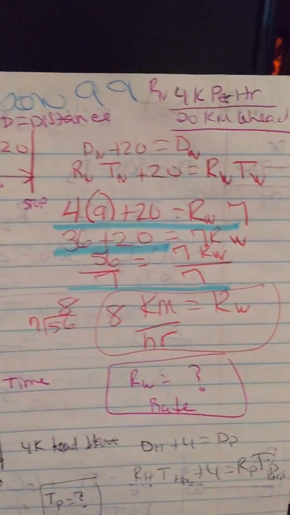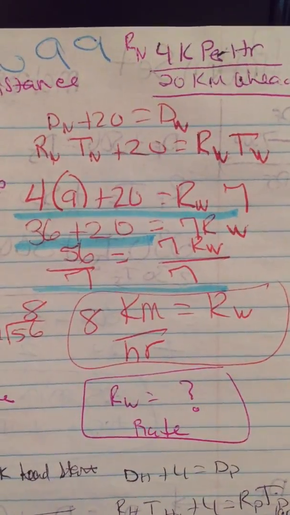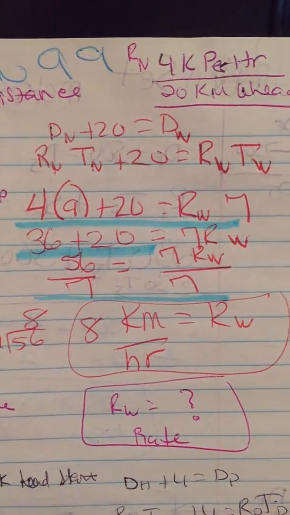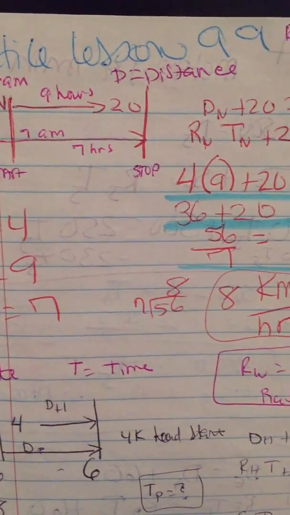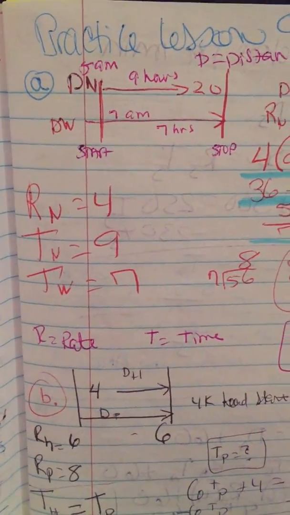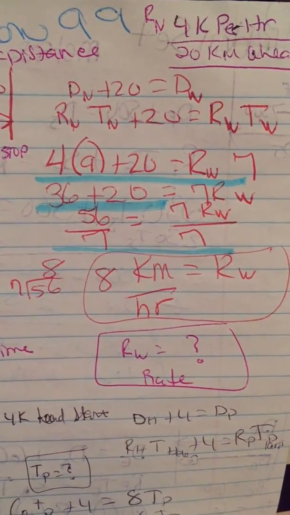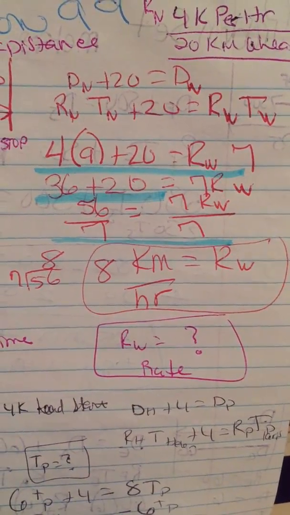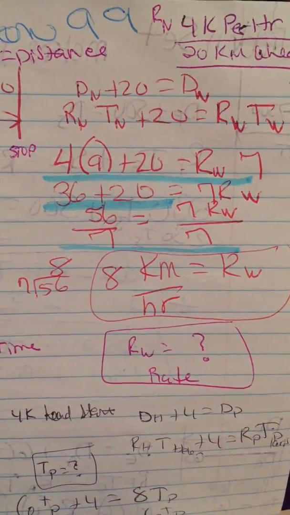Practice lesson 99. r sub n, 4 kilometers per hour, 20 kilometers ahead. Okay, if you read in your book what's going on, this is all going to make a lot of sense to you. Four times 9 is 36, plus 20, and 7.